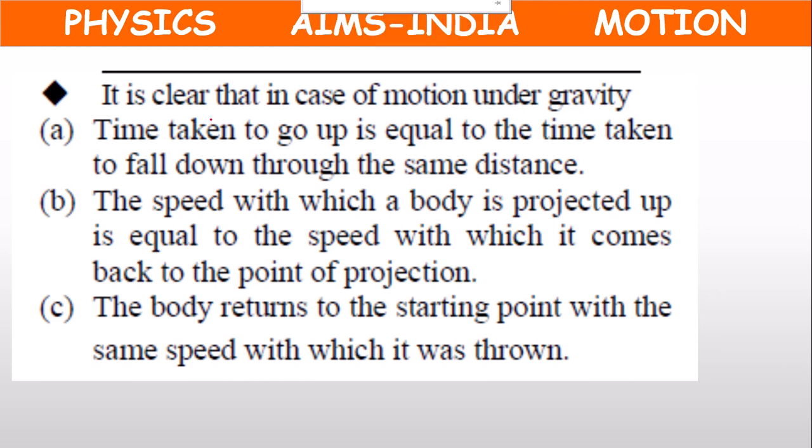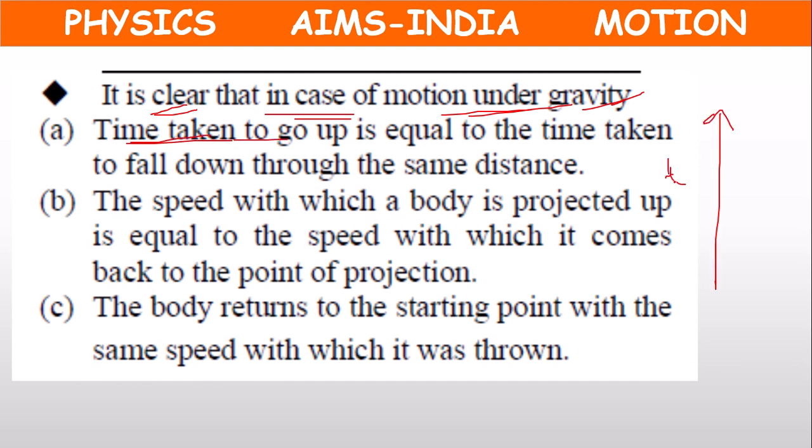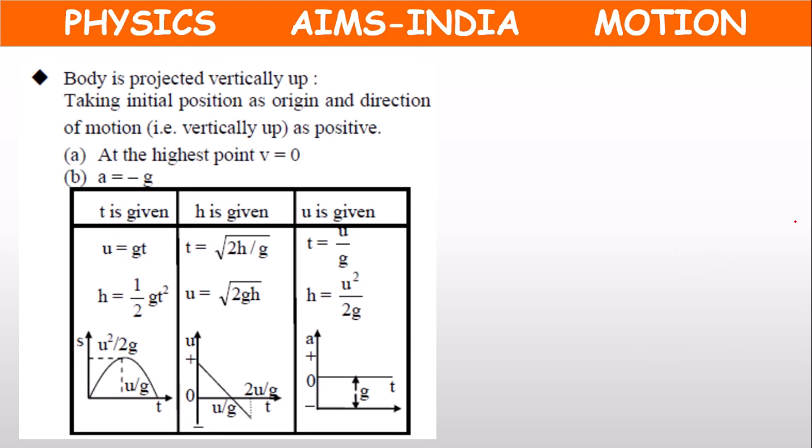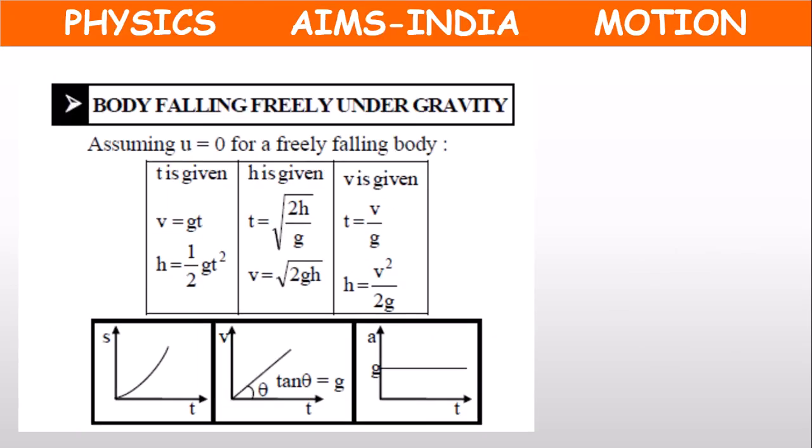So next, children. In the case of motion under gravity, the time taken to go up, called time of ascent, is equal to the time taken to come down, time of descent, because all the equations are the same.